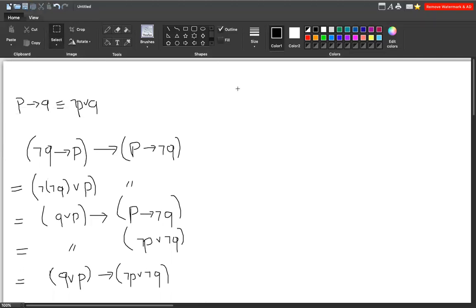Okay, let's continue here. Now in order to resolve this, we have one more implication here, which we can reduce using the same rule.